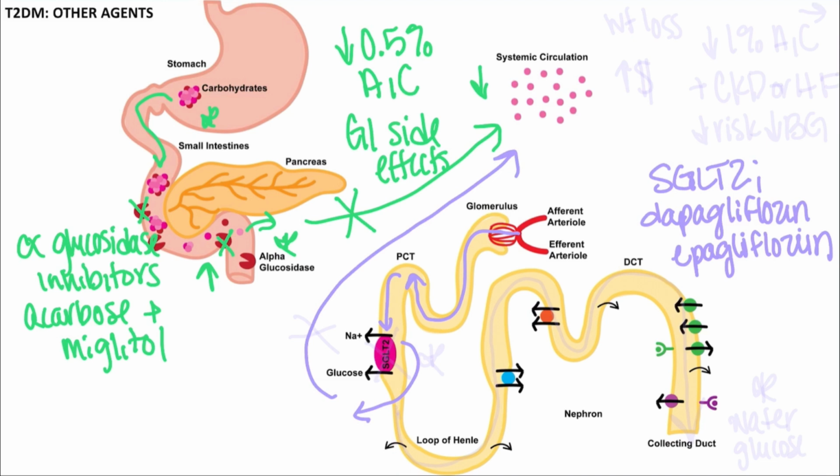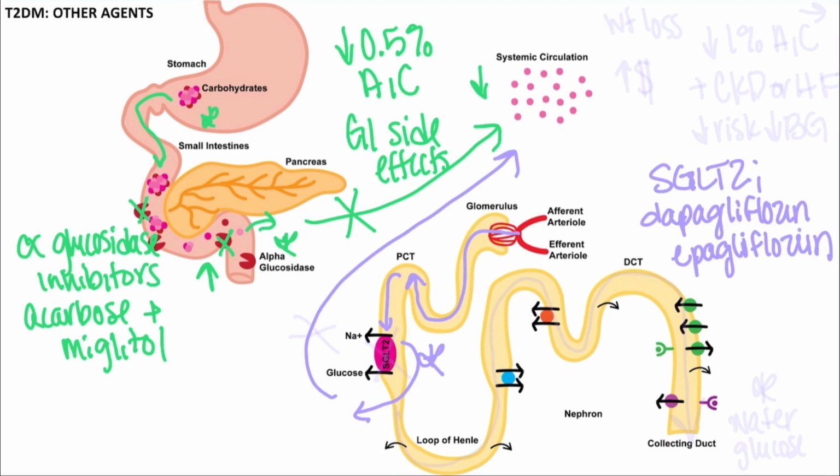And one point that will be helpful later on is that water always follows the solutes in the renal tubules. And the main transporter that's responsible for the transport and reabsorption of glucose is the SGLT2 transporter, which is found in this proximal region of the renal tubule.